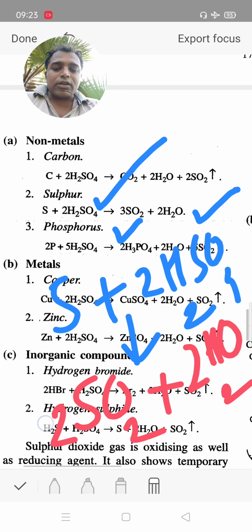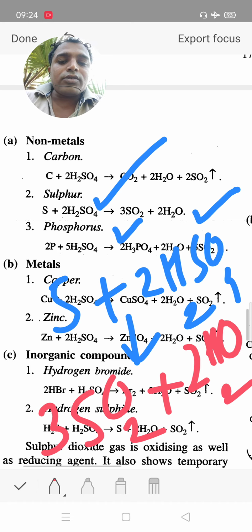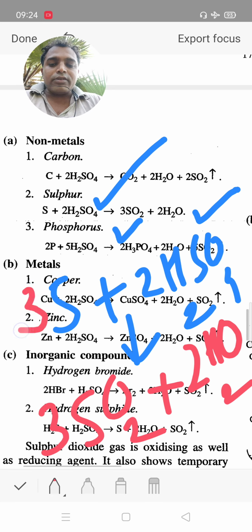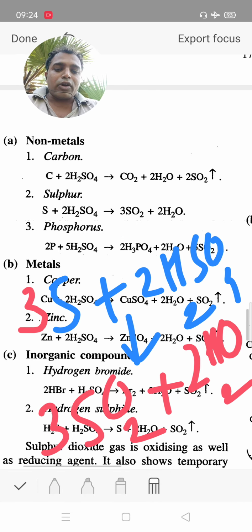With sulfur dioxide 3 times, the total number of oxygen is 6 plus 2, therefore 8. Reactant and product have the same number of oxygen, and we use sulfur 3 times, then sulfur dioxide as a product. Clear, students? The total number of sulfur is 3, oxygen is 8 in reactant and 8 in product. In reactant there are 4 hydrogens and in product also 4 hydrogens.